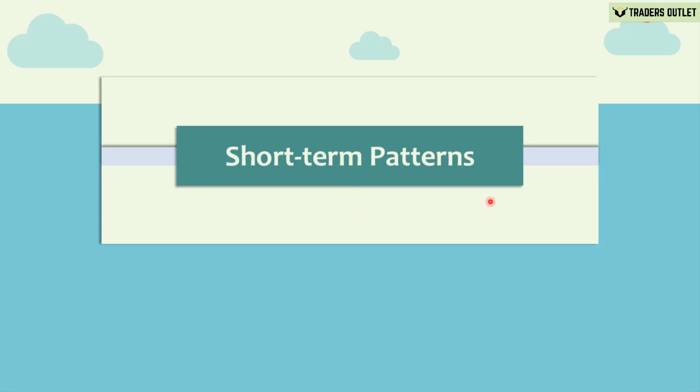Now bars could be for hourly trade or for daily trade, or it could be trade by trade data as well. And a short-term pattern would include only 4, 5 bars taken together. The bars themselves could be for hourly data or for daily data. So that is one point that we have to note.